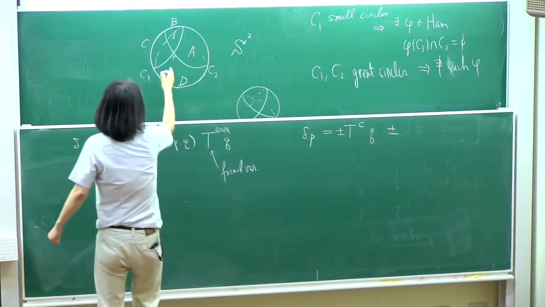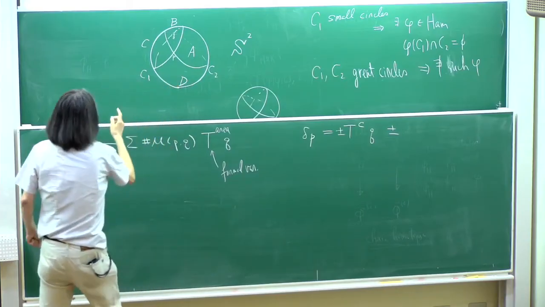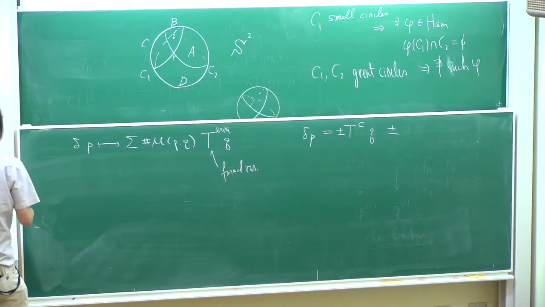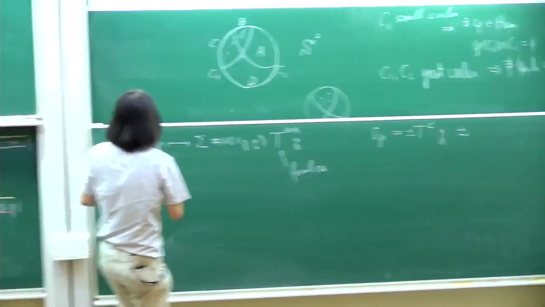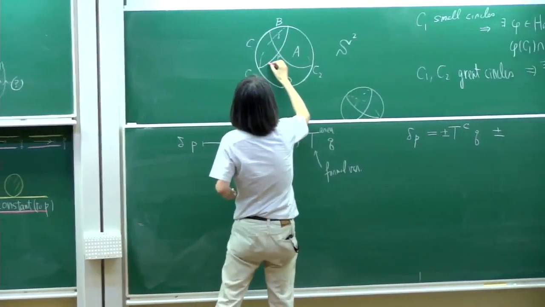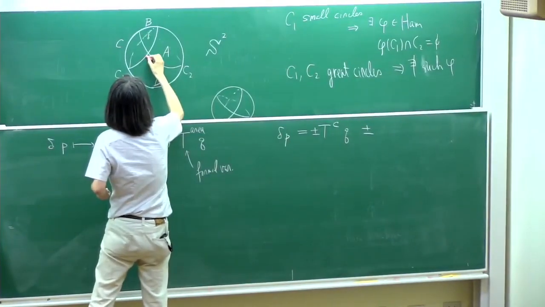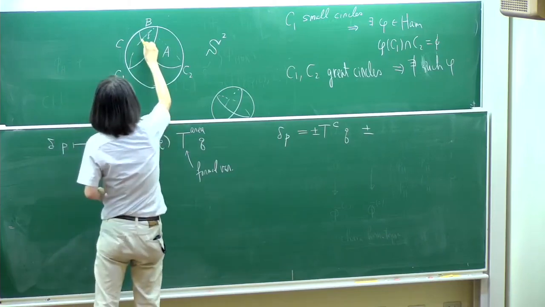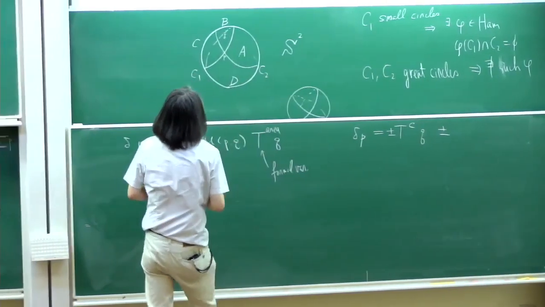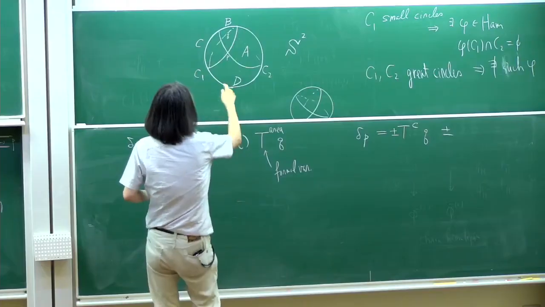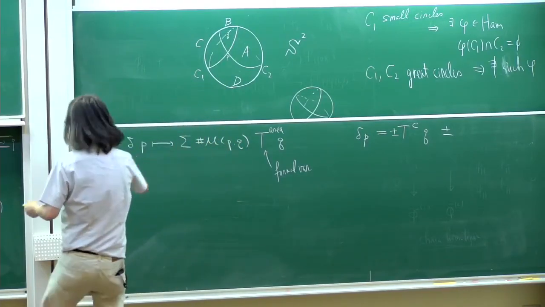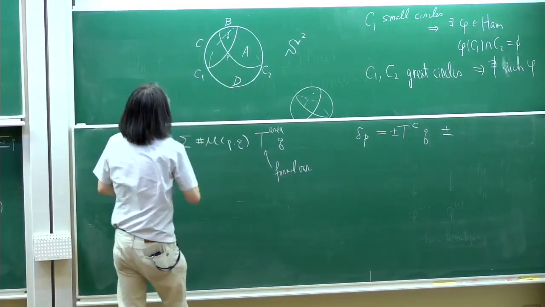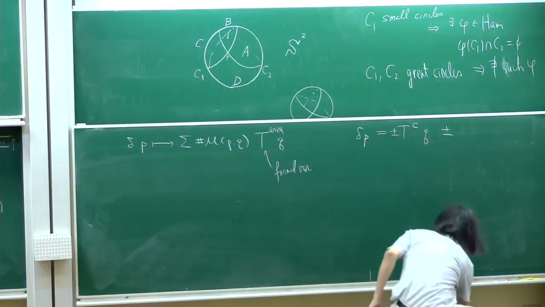And then another one: I have to remember how to do this. I have this one red, and this one yellow. So red and yellow. Sorry, this one is T^B.